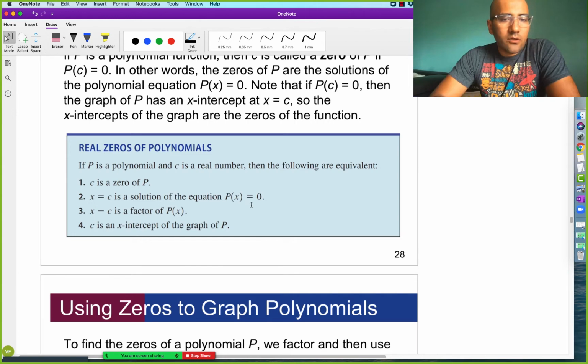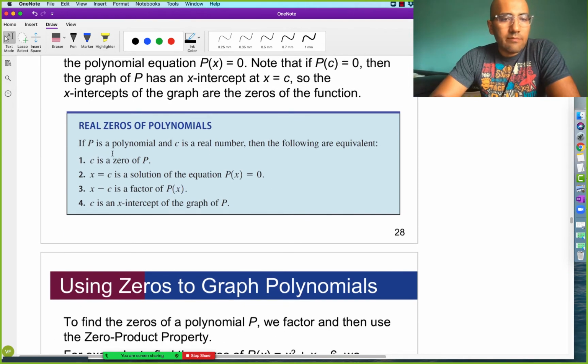Then we started looking at these statements, the zeros of a polynomial. For some people, the language of the zeros of a polynomial might be new, but we use it quite a bit, so it's important to get comfortable with it. This slide indicated that all four of these terms mean the same thing. The zero of a polynomial is the x-intercept point of the graph.